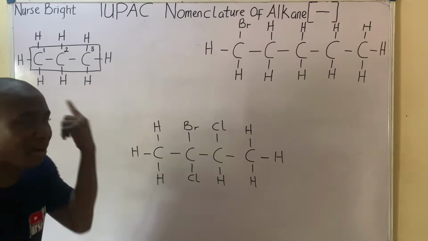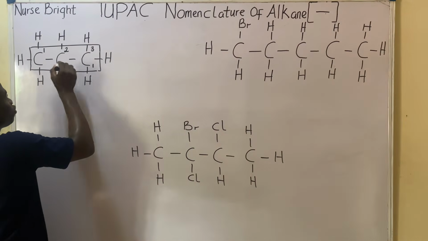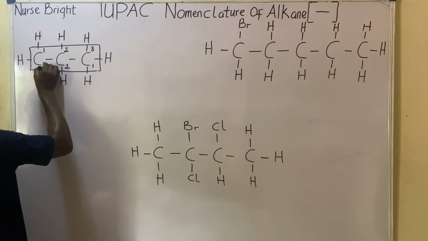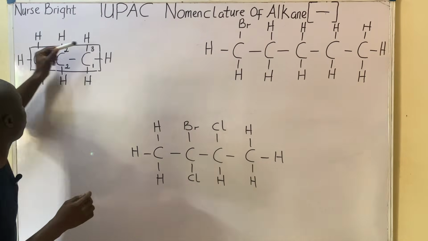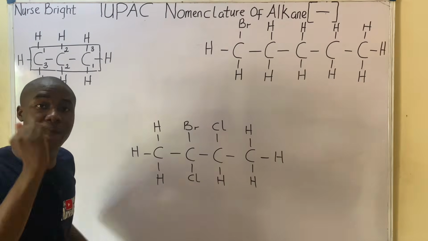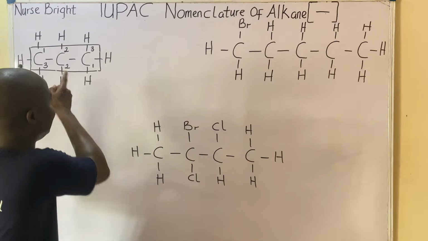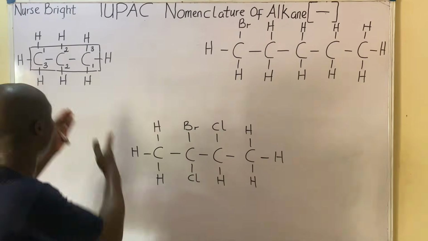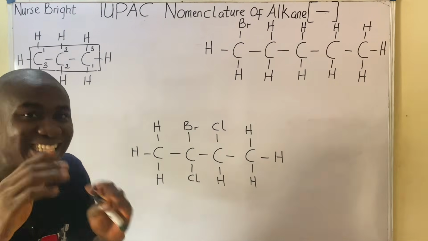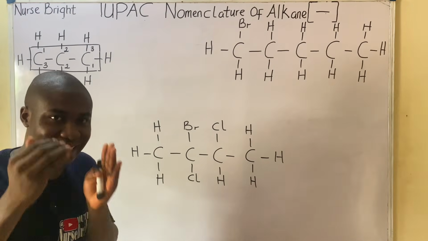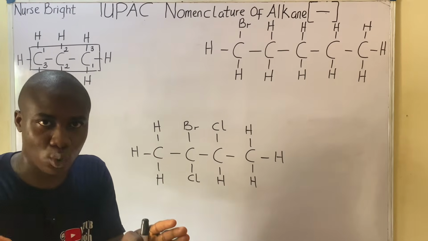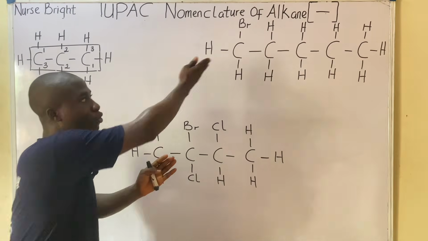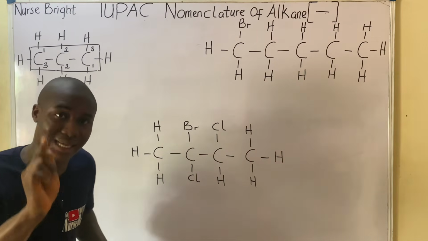Now let us number backward: number 1 as well, number 2, and also number 3. Now, please note this. You can see I numbered forward and also I numbered backward. There is a reason why I did this. But in this particular question, I will not be explaining the reason, because this particular compound does not have a substituent. I'm going to explain in other practice examples, so pay attention.